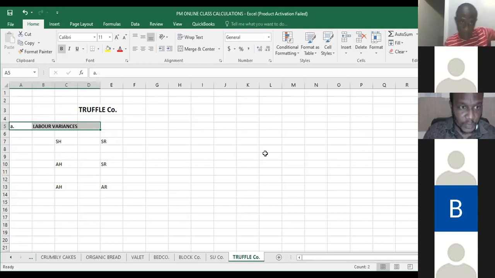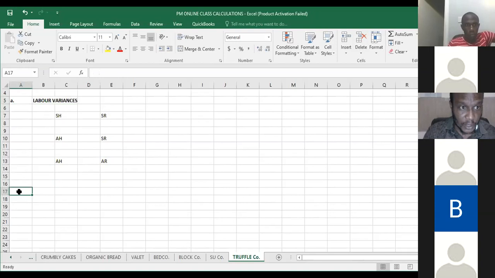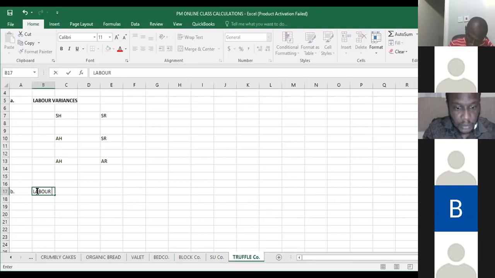And then we can come down and do our, with this now, it gives us the opportunity to set up our planning and operational. So B. Operational. So we have our labor planning. And then we'll put our labor operational somewhere.